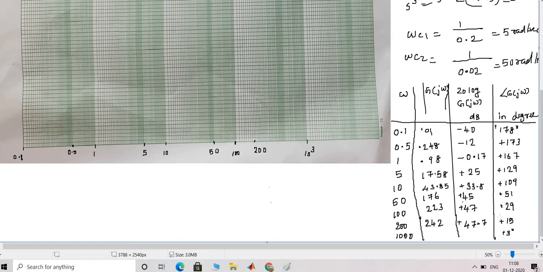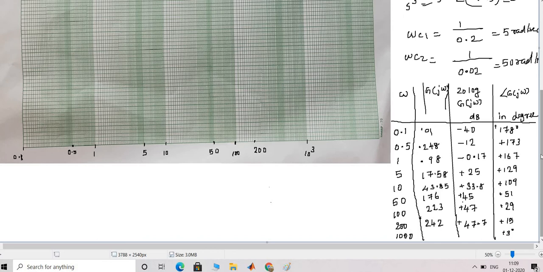In the last two problems we obtained the gain in decibels as plus, but here you can see that the gain corresponding to 0.1 is minus 40, and corresponding to 1000 the gain is plus 50.